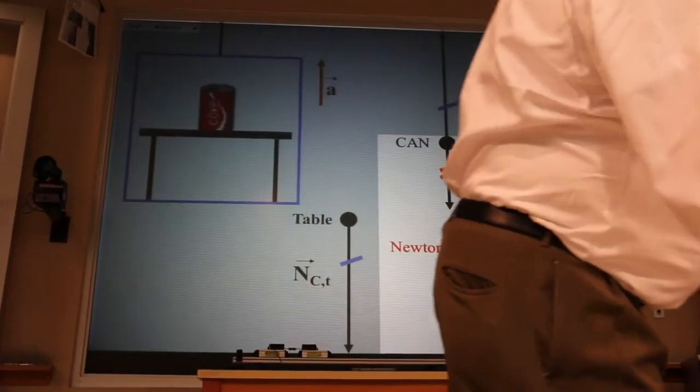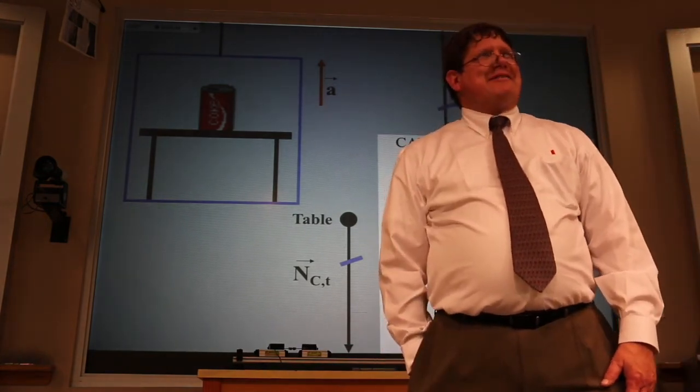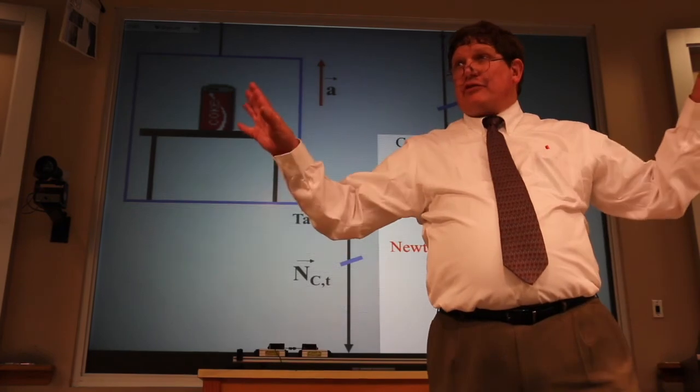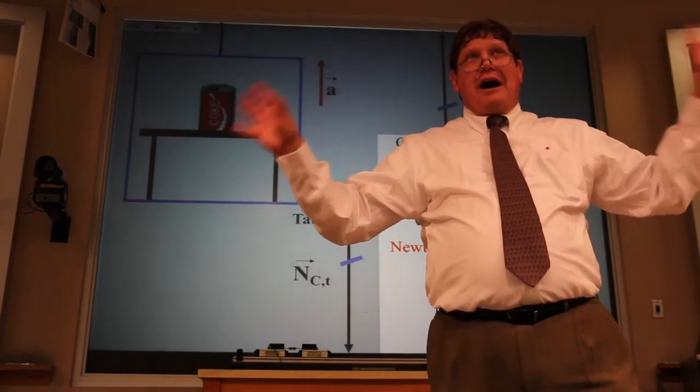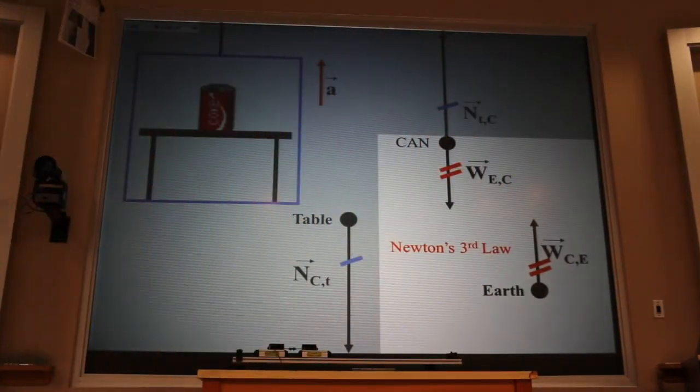Bill, you got a can on the table there. Would you draw me a free body diagram for it? And the other professors were kind of concerned that they had hired the wrong guy. And Bill was just disgusted. This is his thesis defense. He just goes to the board with a look of scorn on his face, and he says, well, there's weight down and there's a normal force.